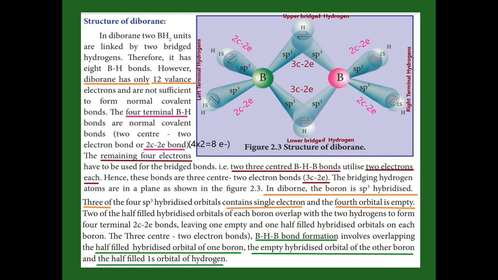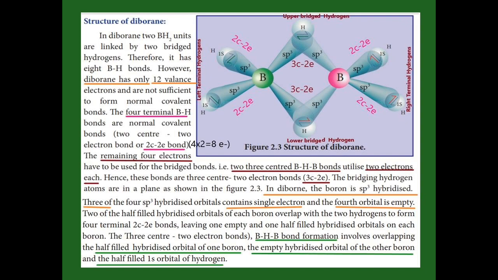Now see the rose color boron. Around the rose color boron, we have 4 hydrogen, and the right hand side 2 hydrogen are called terminal hydrogen, and that rose color boron is also linked with the green color boron with the help of the center hydrogen, so that is called bridged hydrogen.